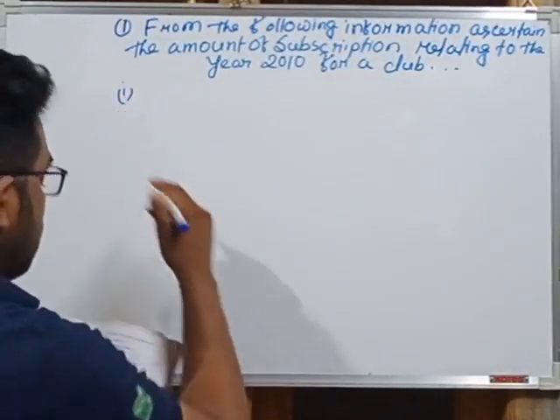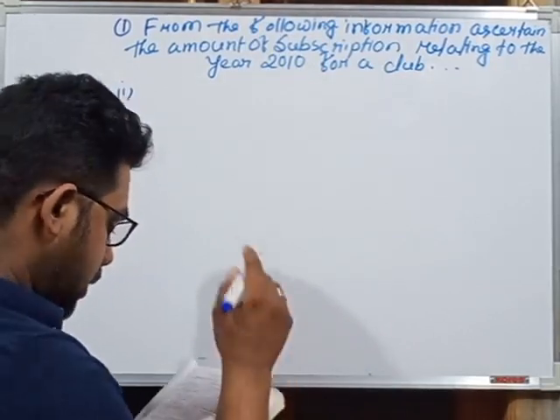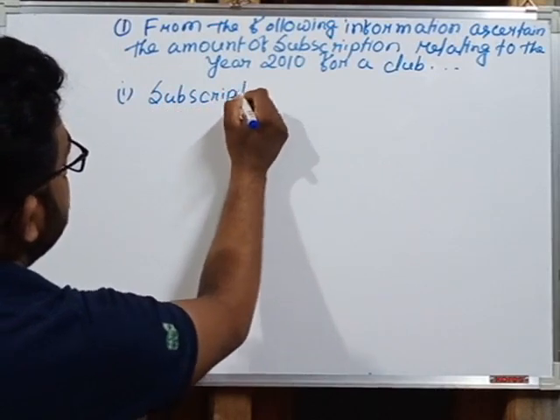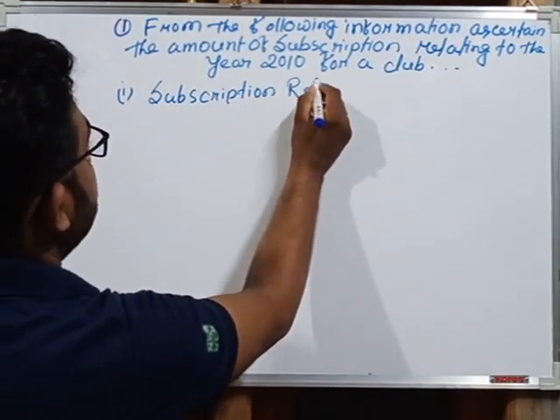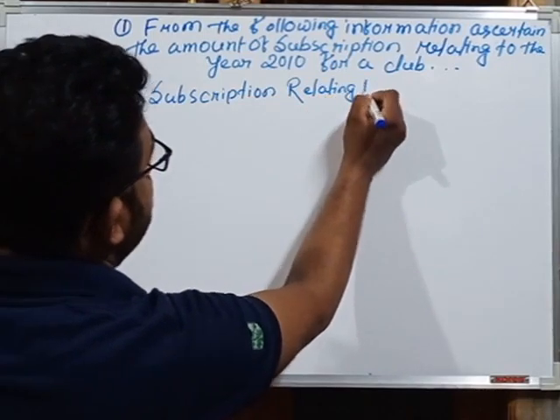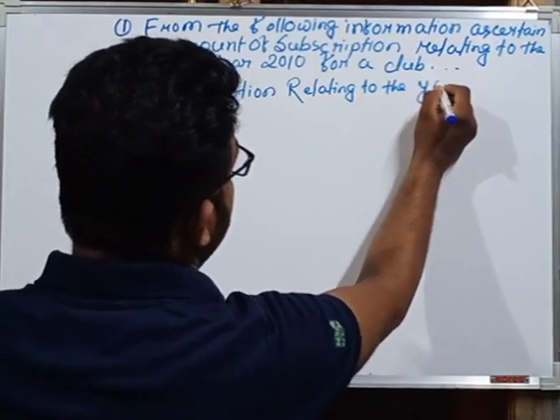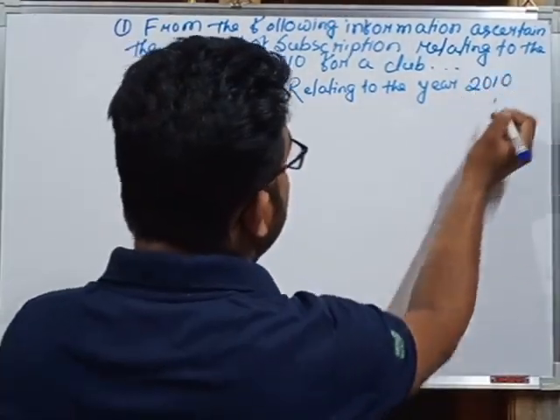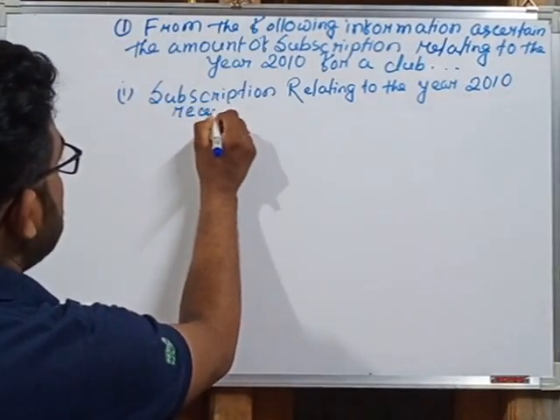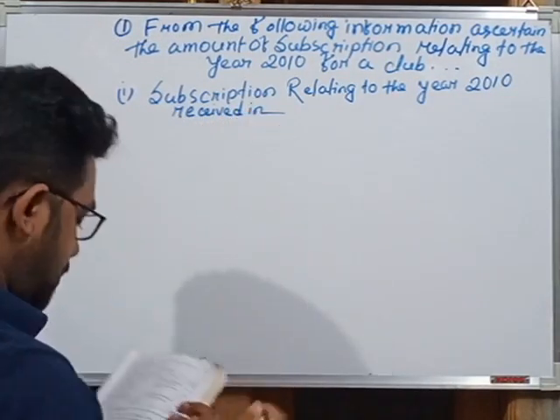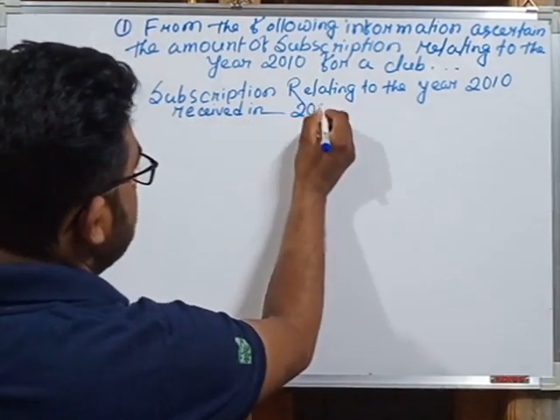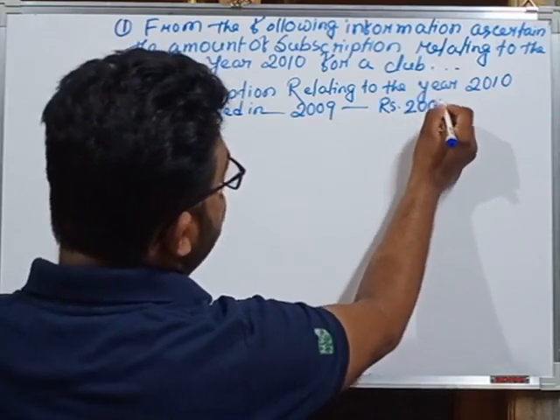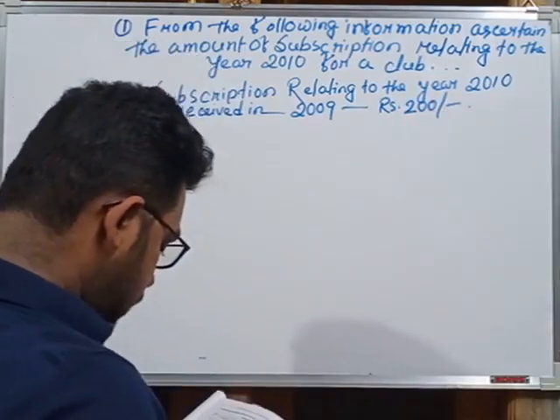So first, subscription relating to the year 2010 received in 2009, rupees 200. Okay, this is our first information.